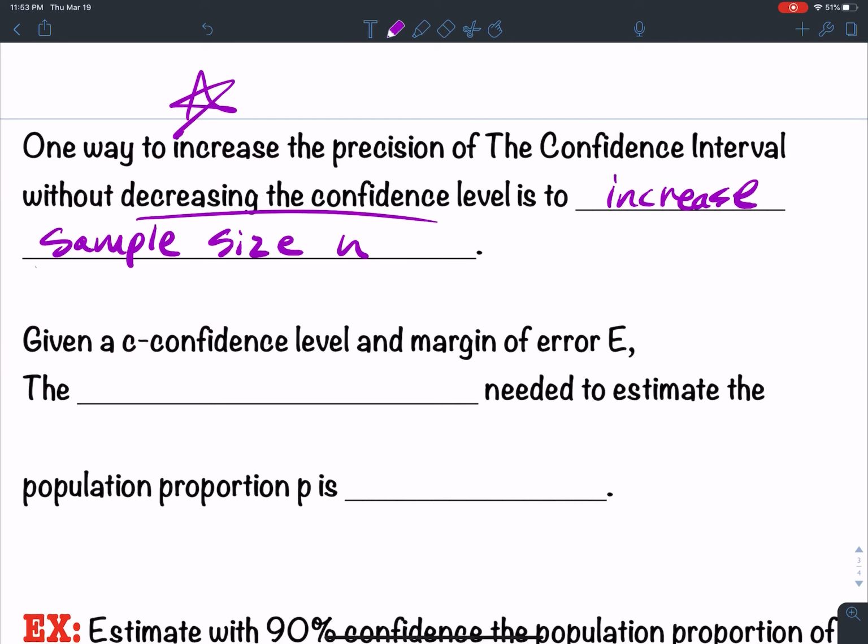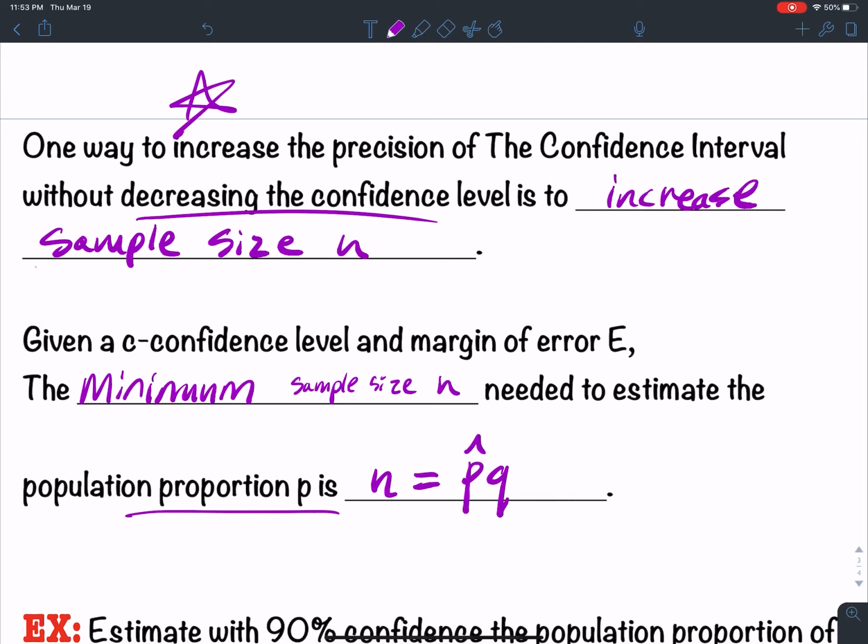So given a confidence level c and a margin of error, the minimum sample size n needed to estimate the population proportion p is n equals p hat q hat times Z_C divided by the error, all squared.